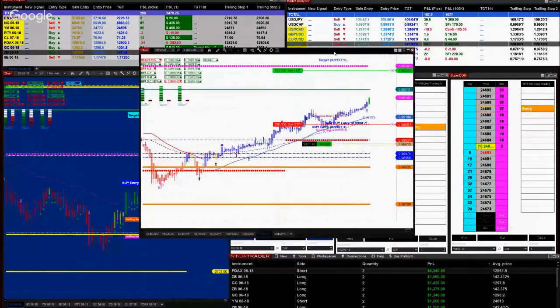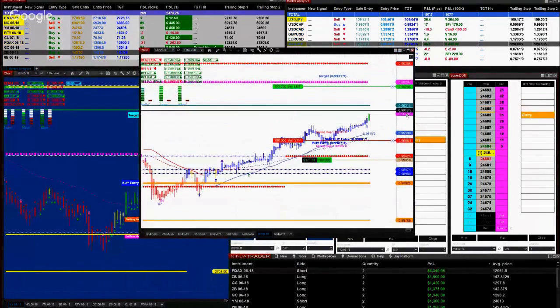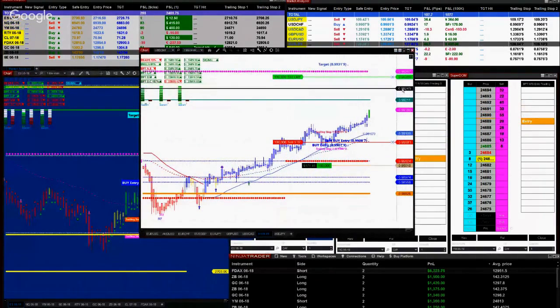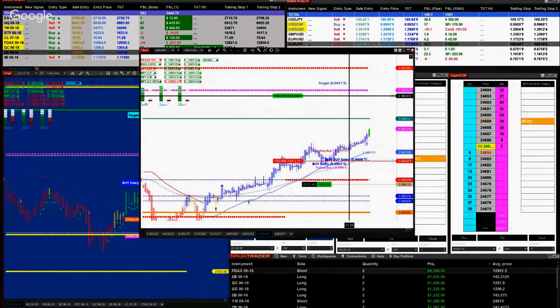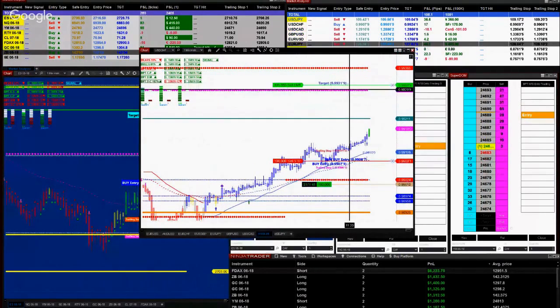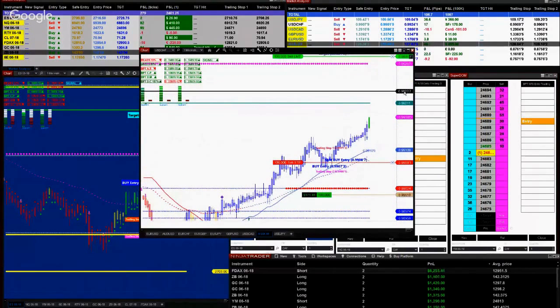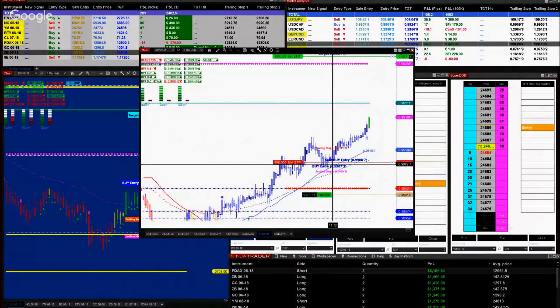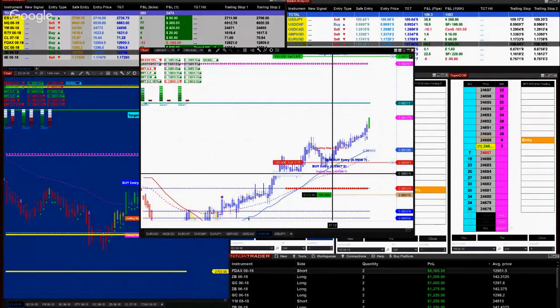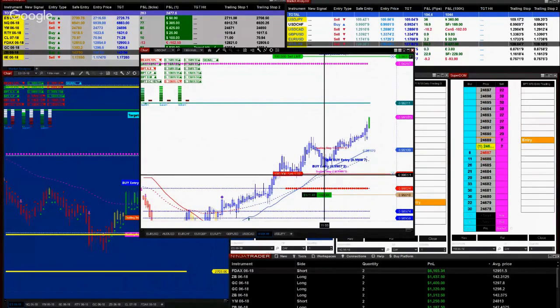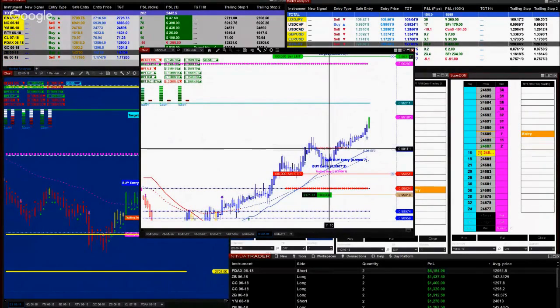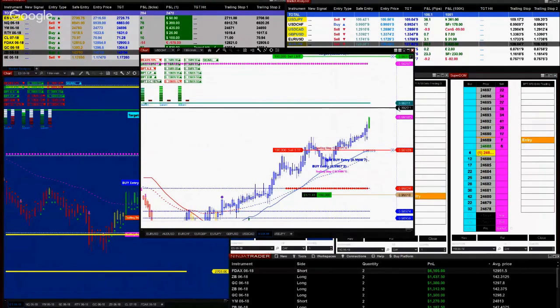I have the ATM on the, you see the target. You can use fully automated or you can use the target, and that's why I like to use the ATM. I can use it on the trailing stop 1 or on the trailing stop 2.